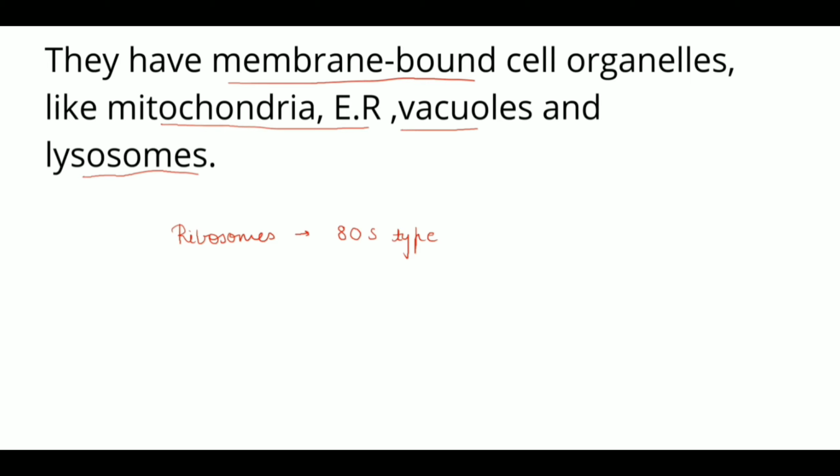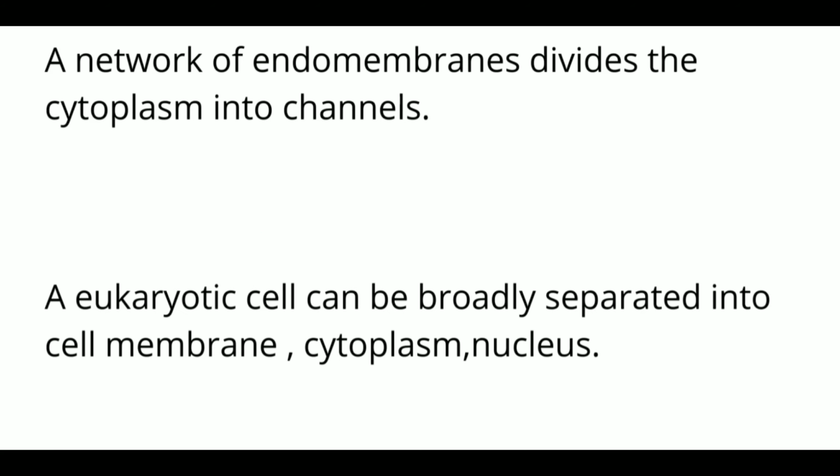So the characteristic of eukaryotes is simply that they have membrane-bound cell organelles, and their genetic material is enclosed by a nuclear membrane. Now, there is a network of endomembranes which will divide the cytoplasm into channels, which means it will divide the cytoplasm into compartments.